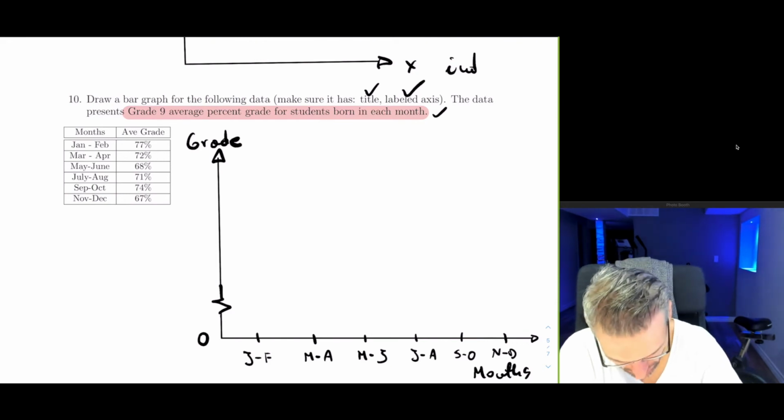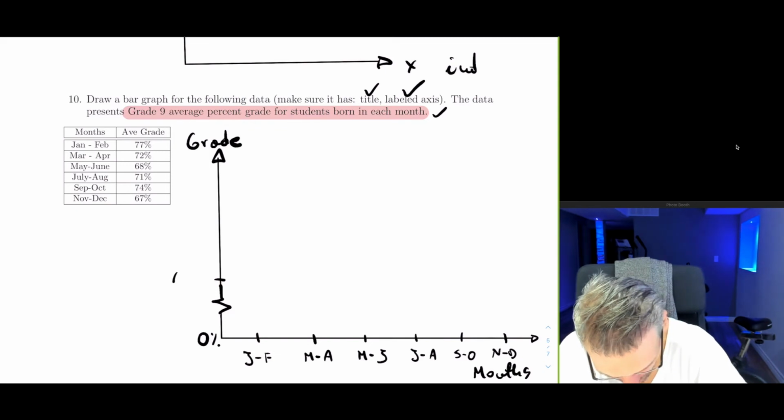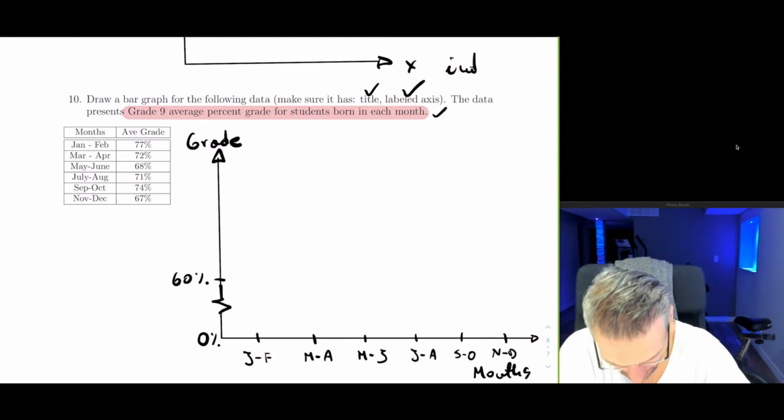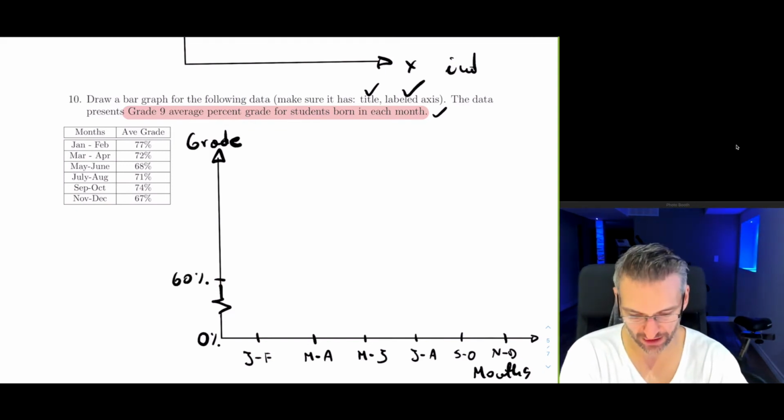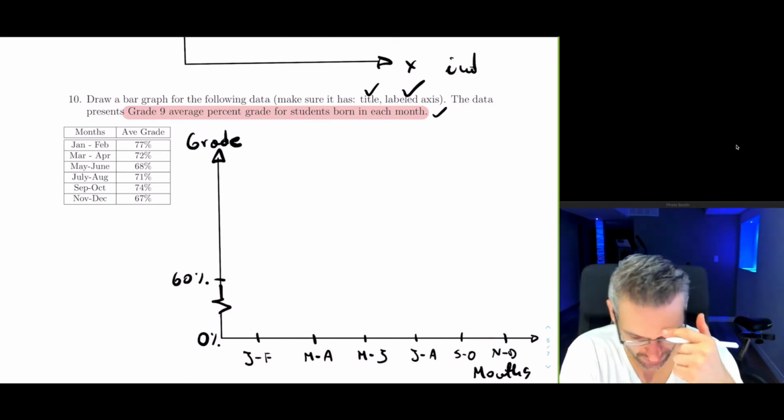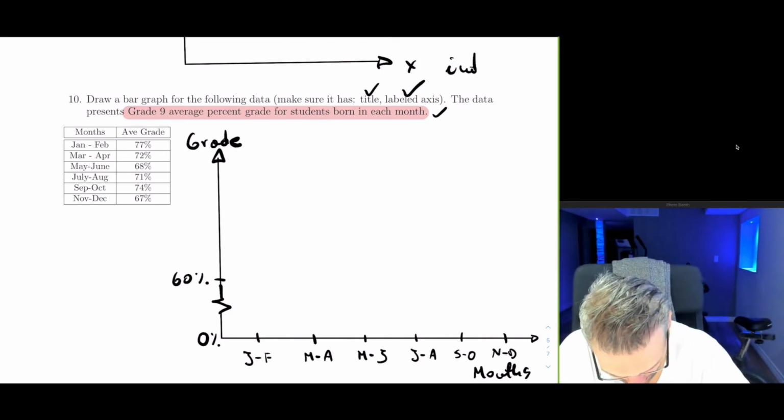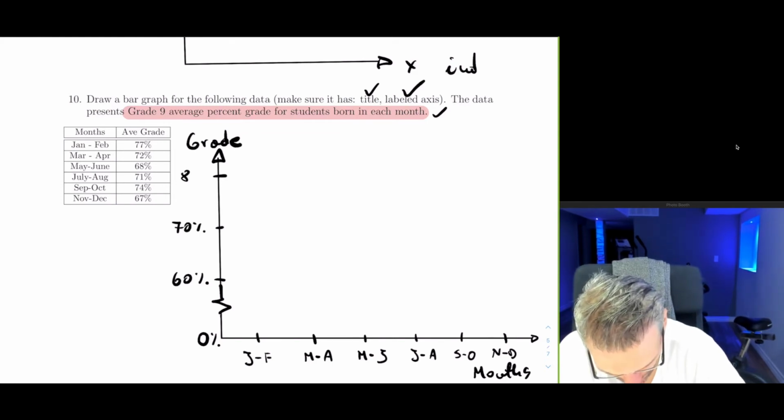So this was 0% in here, and then here I'll put 60%. And then we can kind of clunk them in. So this is from 60, then I'm going to put 70% here, and then we'll put 80% here.